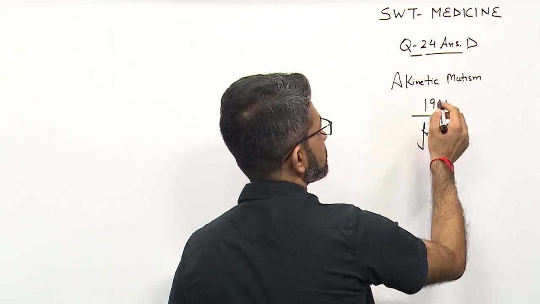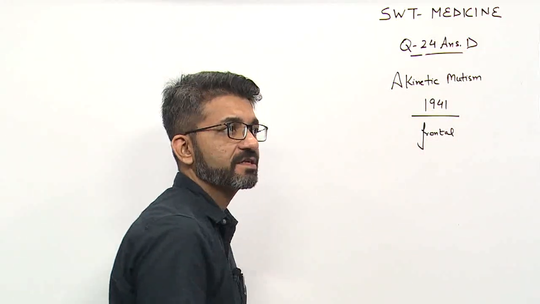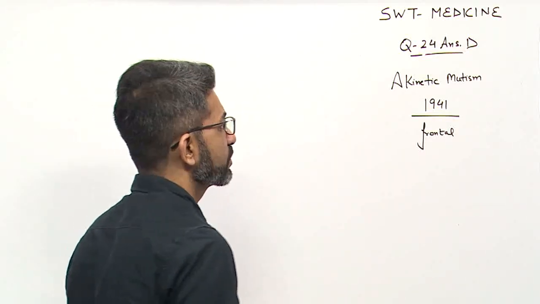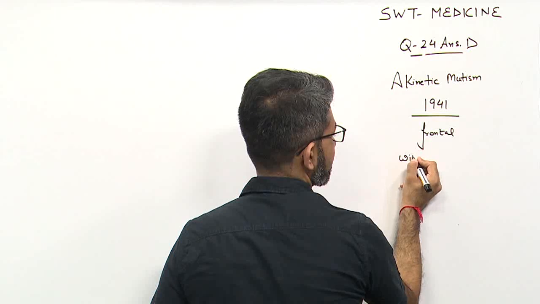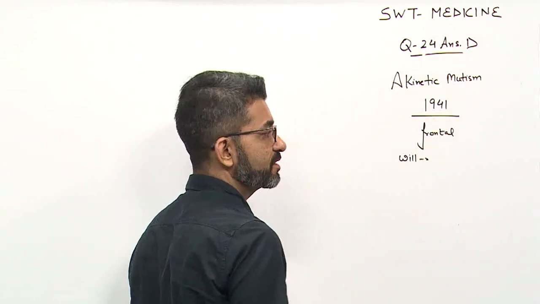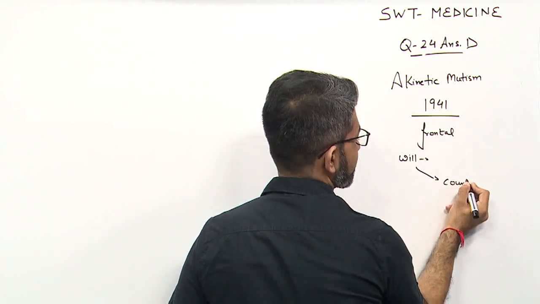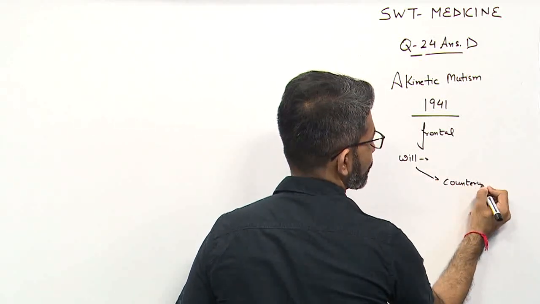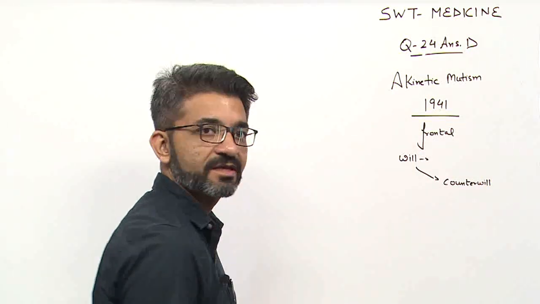The patient is mute, that is he does not speak. The patient is akinetic, that is he does not move. He has a will to do movement as well as to speak, but there is a counter will which prevents him in doing so. This is what people say regarding akinetic mutism.